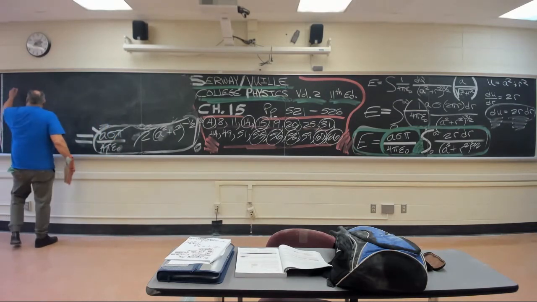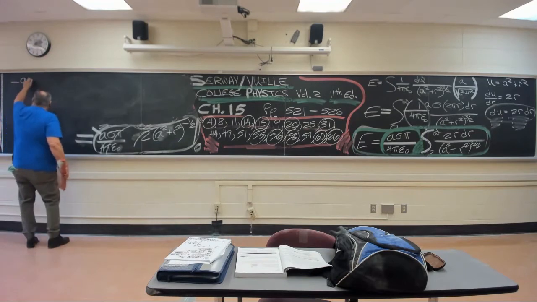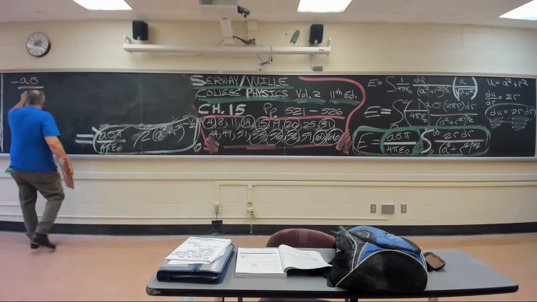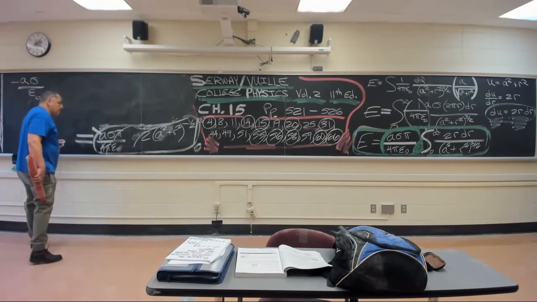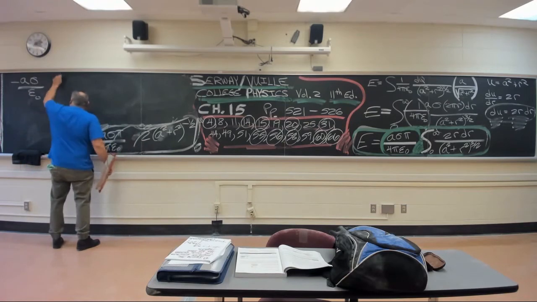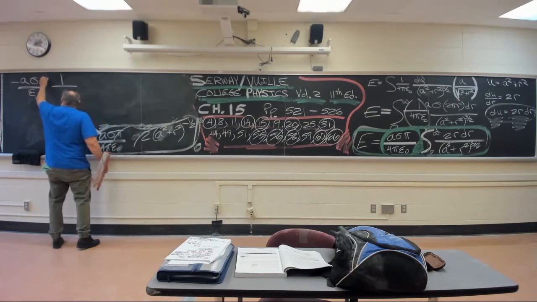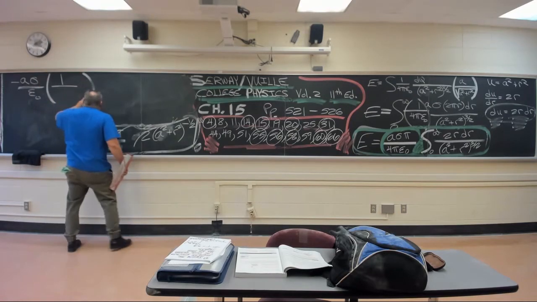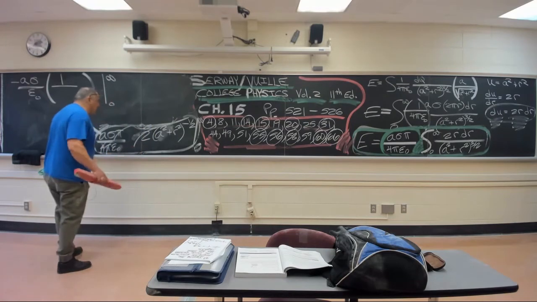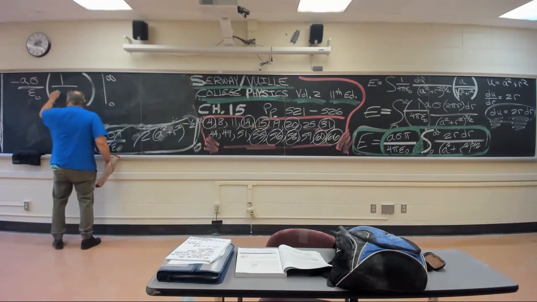Well, I've got negative a sigma over epsilon naught. And then everything's kind of falling out of this thing. We could throw this guy on here later on. It doesn't matter where you want to go with this, as long as there's consistent mathematics throughout, guys.